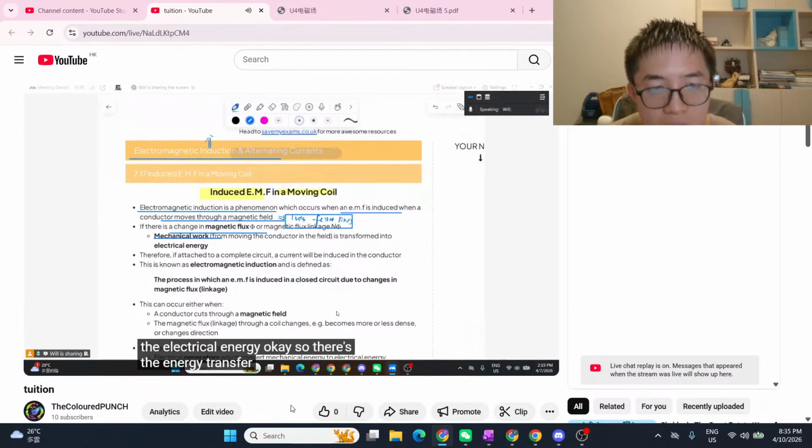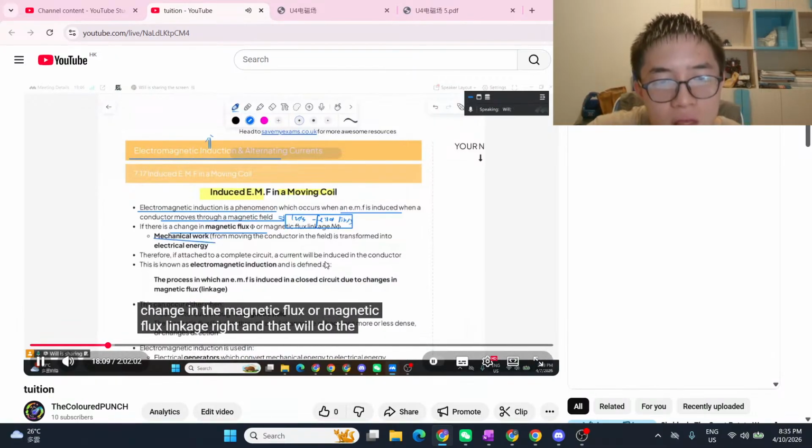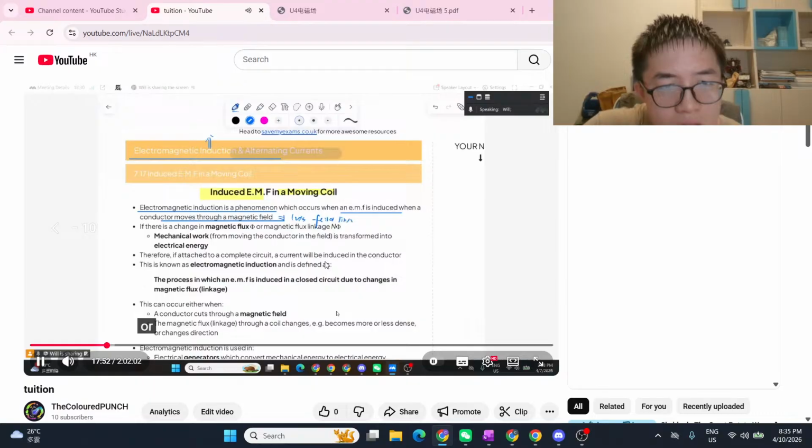So there is an energy transfer from mechanical energy into electrical energy. Understand the process? In the process, an alternating EMF will be induced.